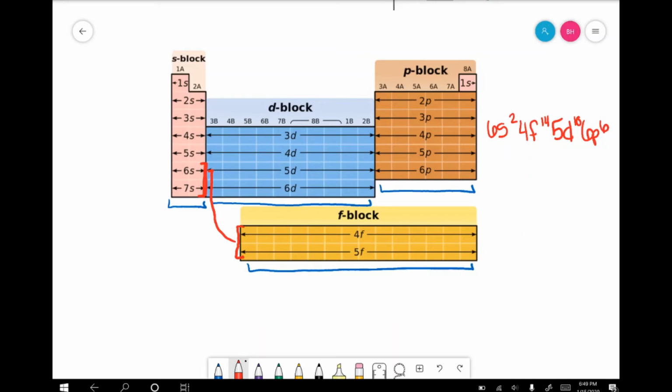So notice that I kind of go from here, swing through here, because I want to make sure I cover them all in order, go through here, and then go through here. So when I'm reading these, I read them off as you're reading a book.